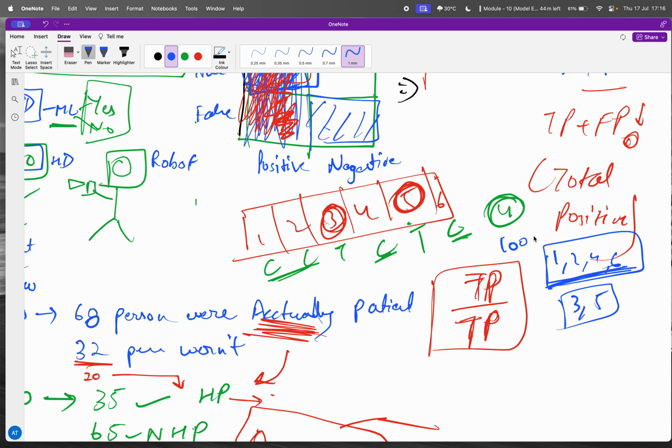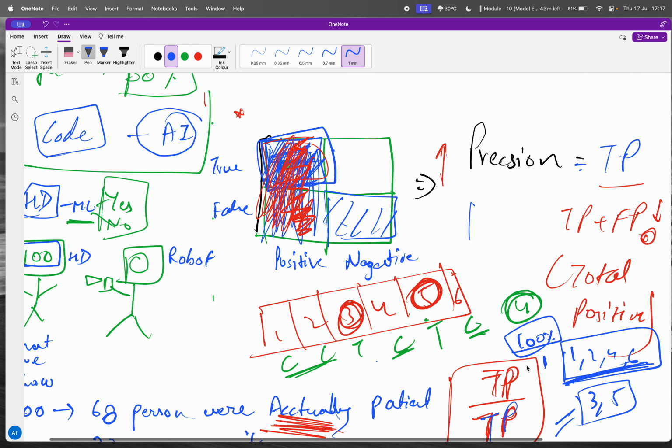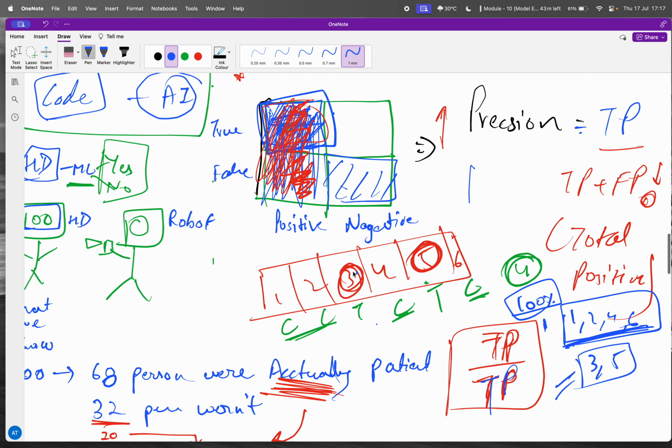100%, right? Precision is 1. The reason is you selected all the civilians upon total positive, that is civilians only. These were civilians and you have selected only civilians. That means what we call precision is very good. You didn't select any false person who is claiming that I am positive.